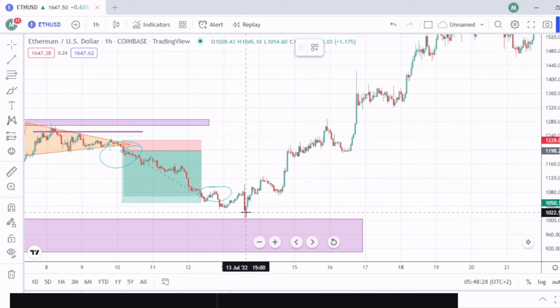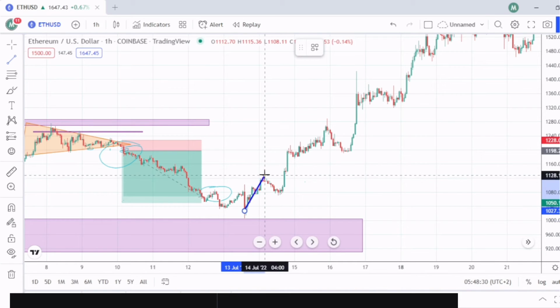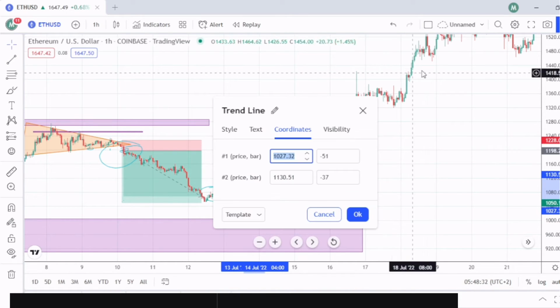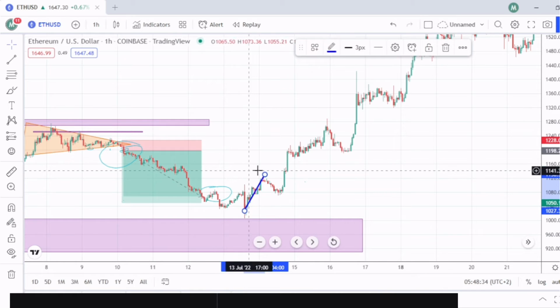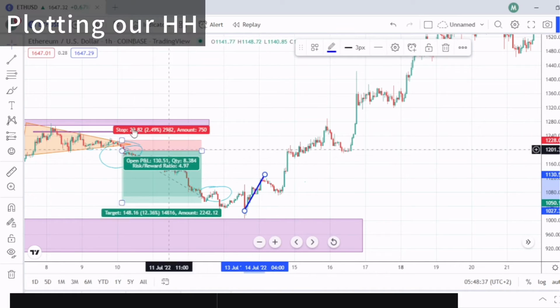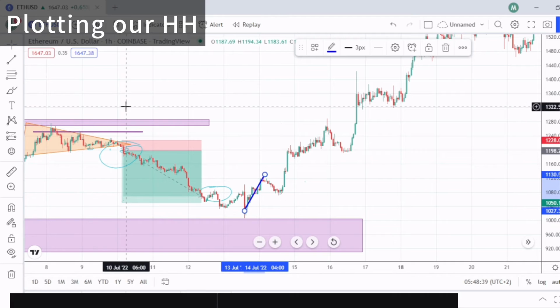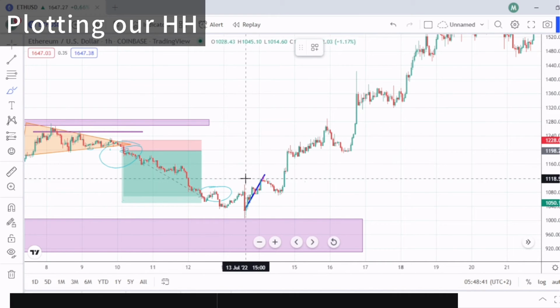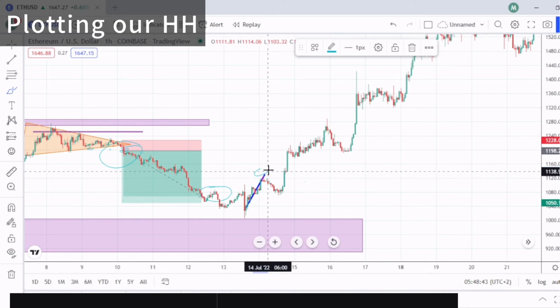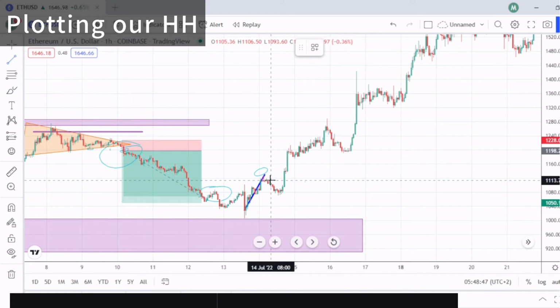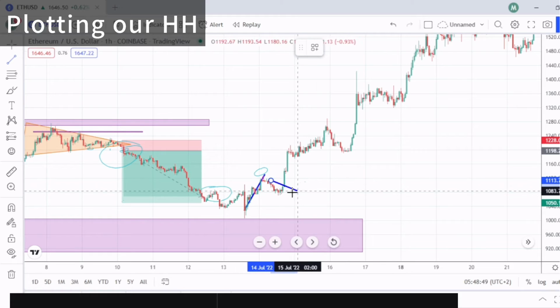So let's do this. So we have our higher high there. We have our higher high there. This pullback there.